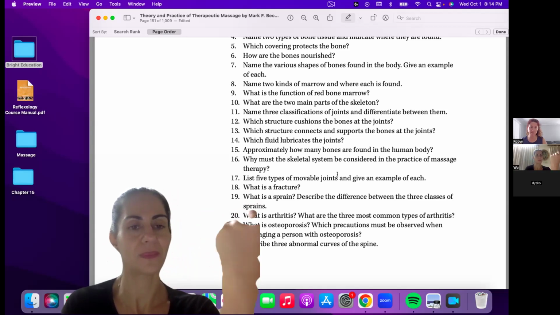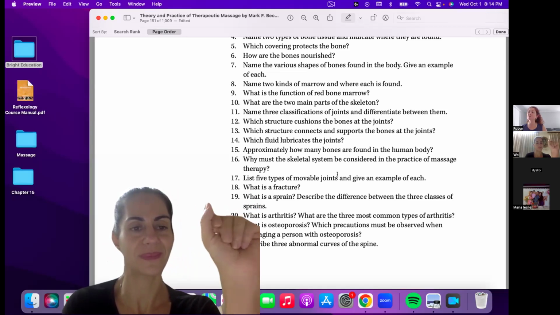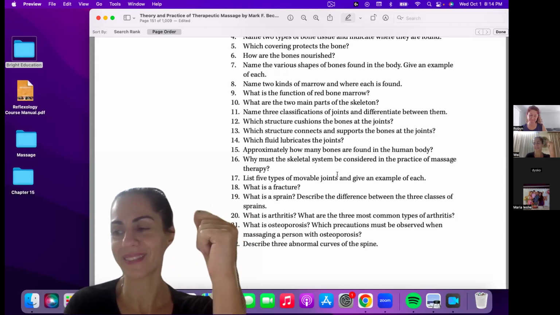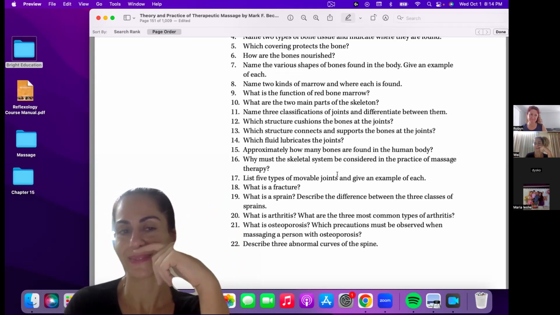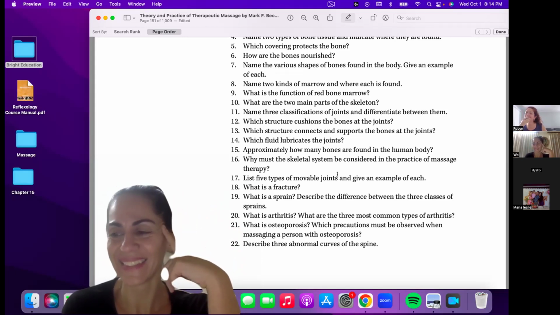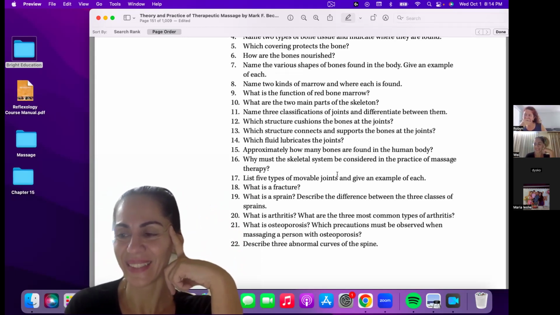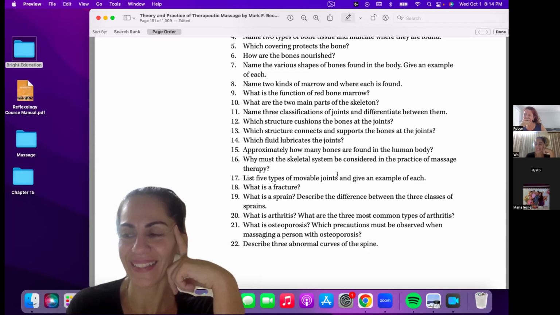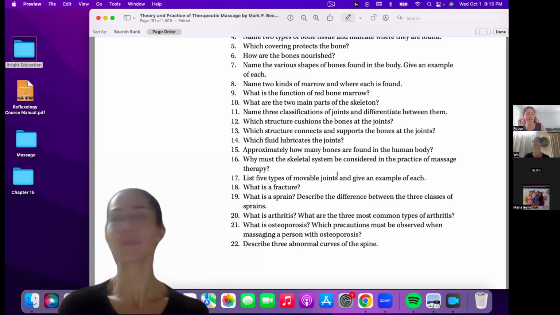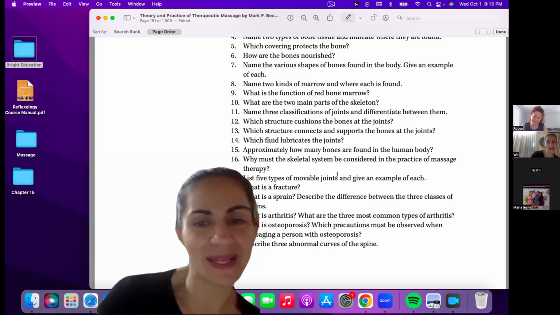It starts with a P. So when the head moves this way and that way, what do you call that movement? Pivot. Oh yeah. Good job. Pivot. I'm proud of you.